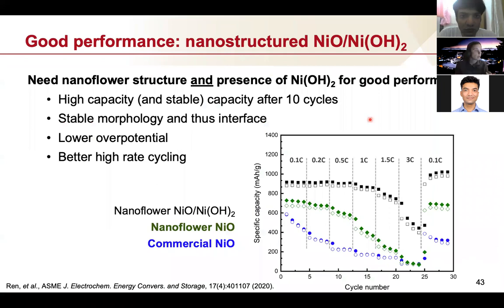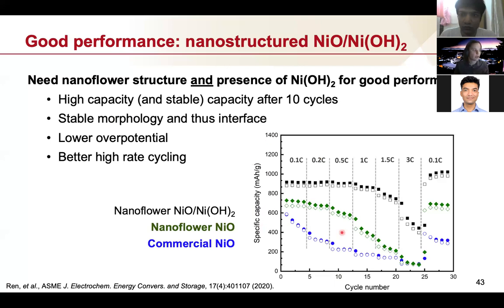So in summary, the nanoflower structure plus the presence of a little bit of the precursor ends in good performance. It's got higher capacity, it's stable over at least 10 cycles, what we cycled. It's got stable morphology and lower overpotential.